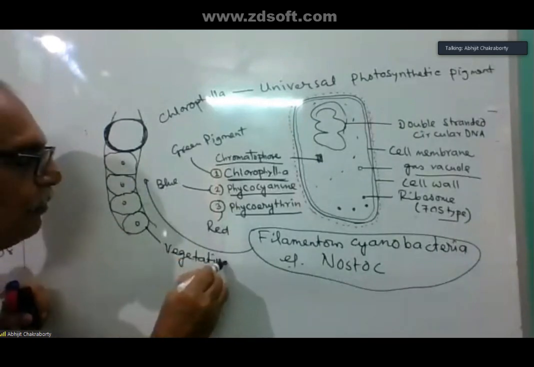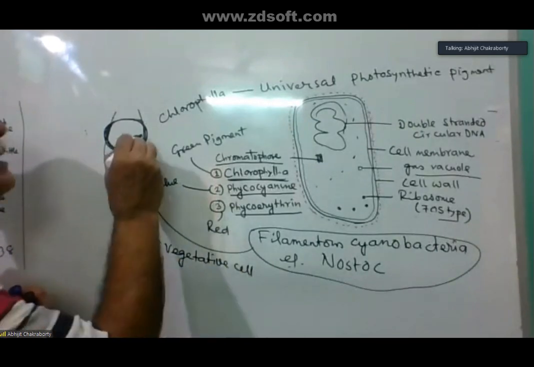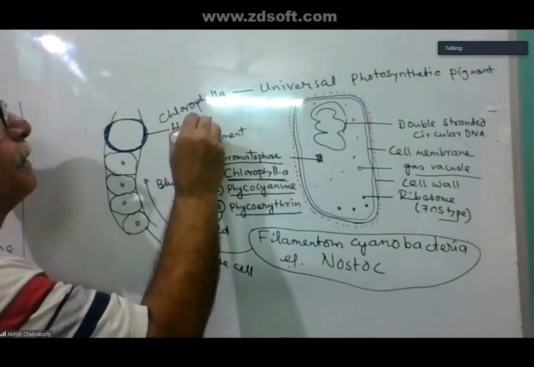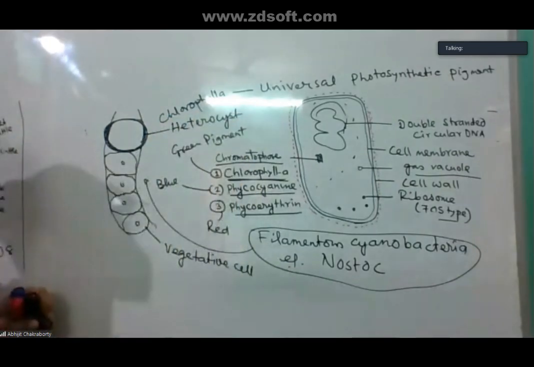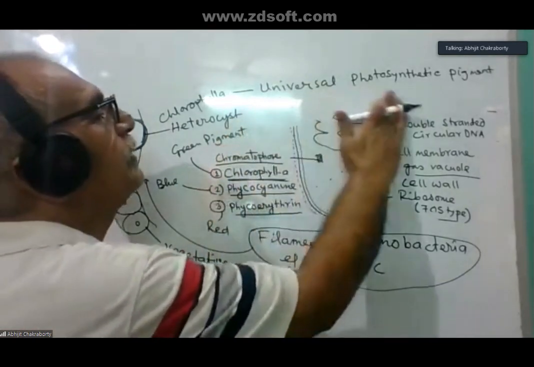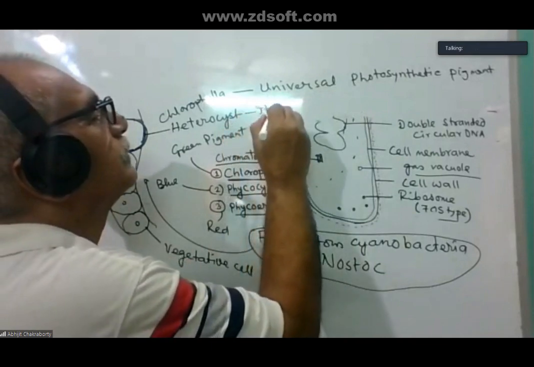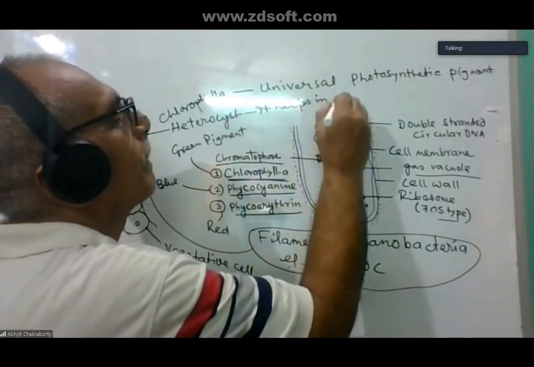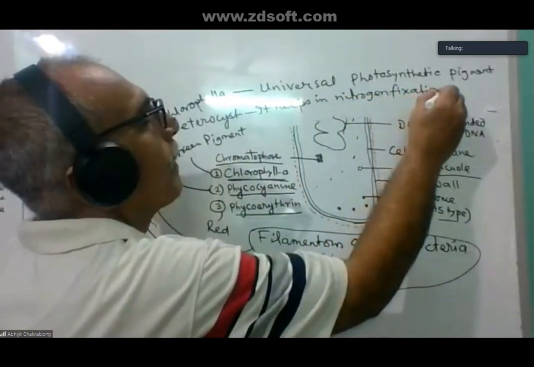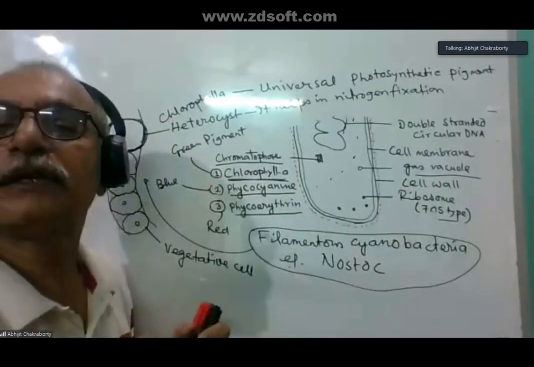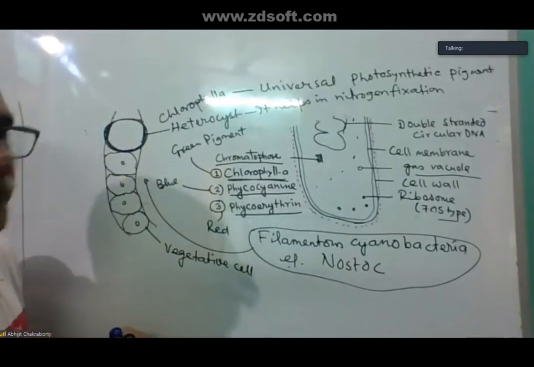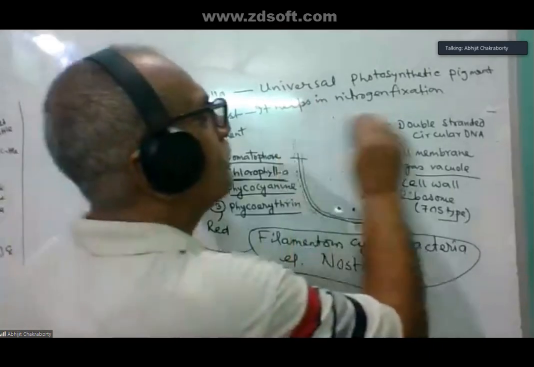They are thin-walled and small, but this one is thick-walled and is called heterocyst. And heterocyst is specialized for nitrogen fixation. Nitrogen fixation is even carried out in Rhizobium type of bacteria, but there are some differences between these two.